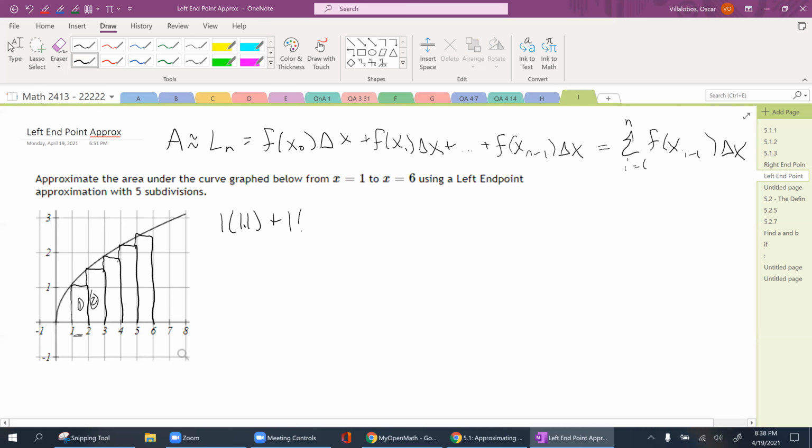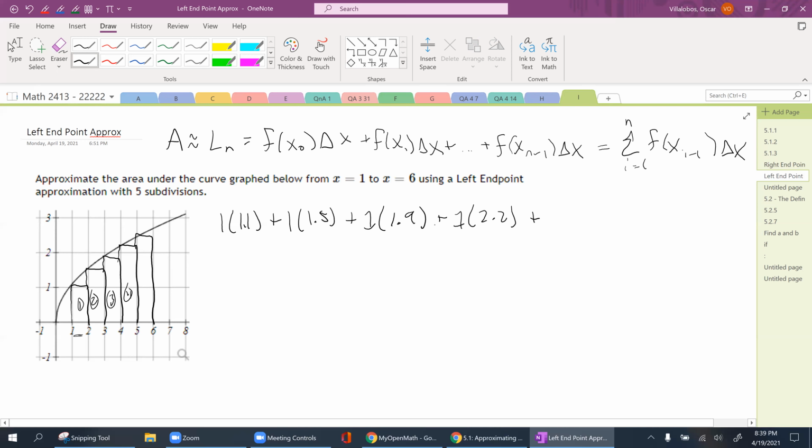My base is 1, and my height is about 1.5. For the third one, my base is 1 and the height is about 1.9, plus, for this fourth one, it's about 2.2, base 1, height 2.2.